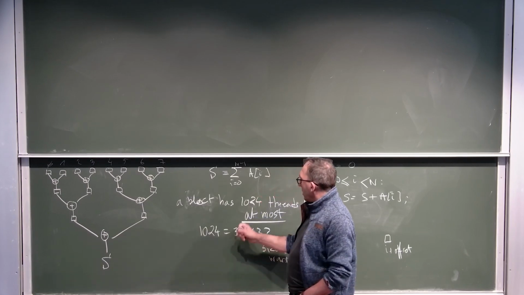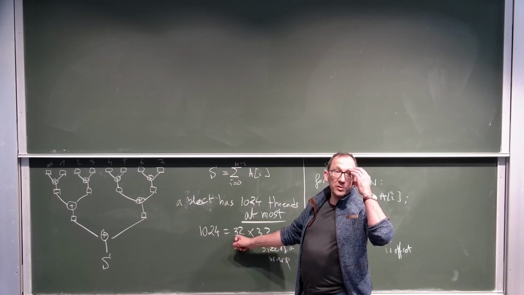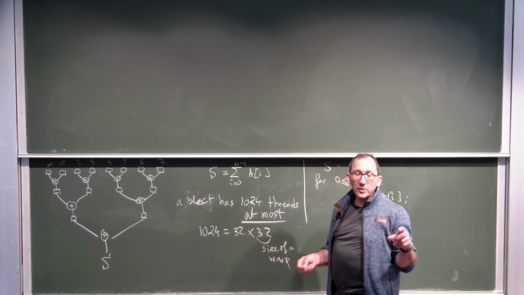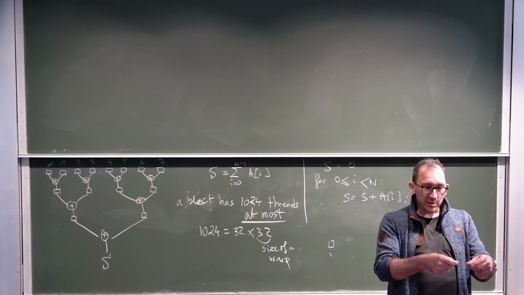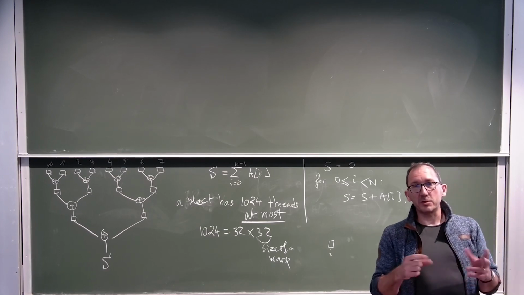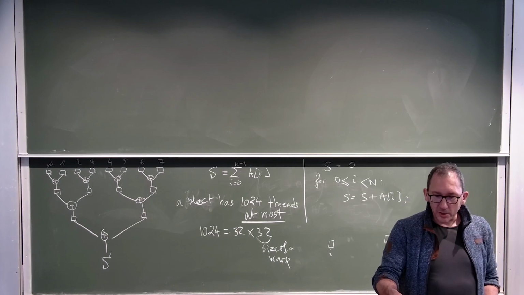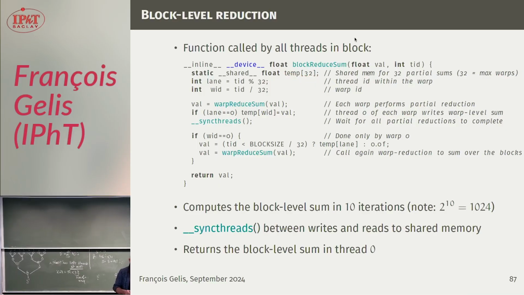So it means that in a block there cannot be more than 32 warps. Okay? So if you want to store the partial sums for the warps in a block, you need at most 32 values. So this is why you will never need more than 32 numbers to store these partial sums.